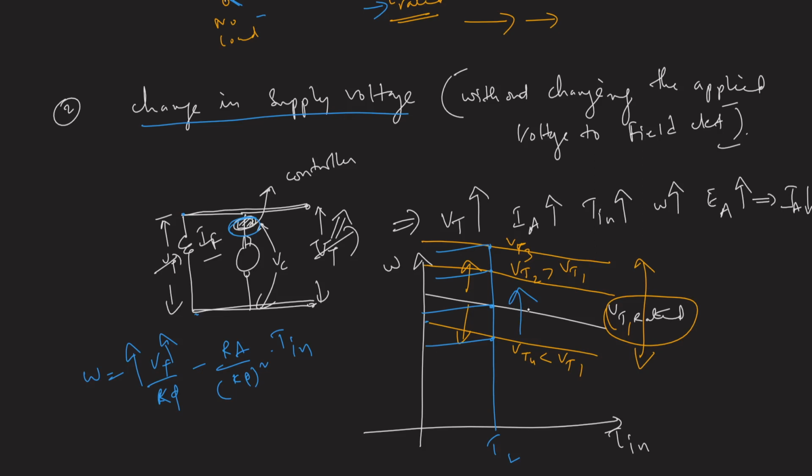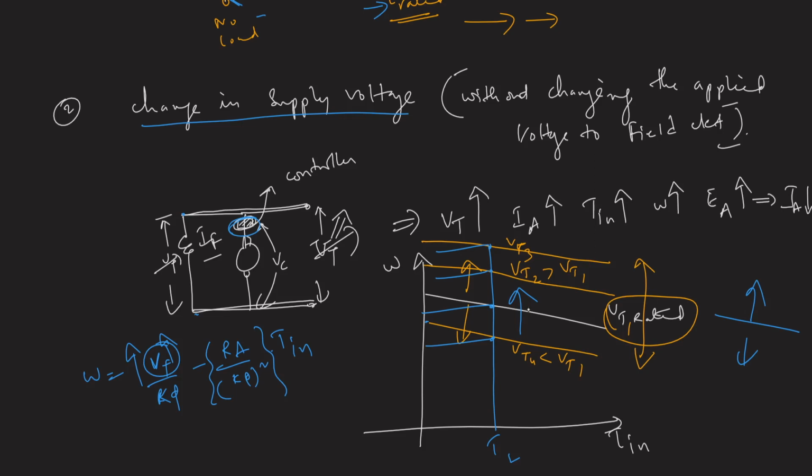With the variation in the Vt, the slope is the same but I can change the intercept. That means the graph can be moved up and down like this by varying the supply voltage. So this is the other best method of controlling the shunt motor.